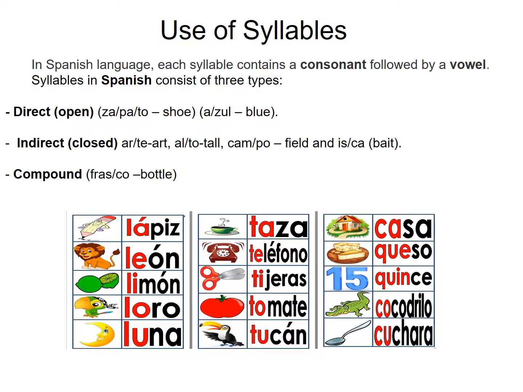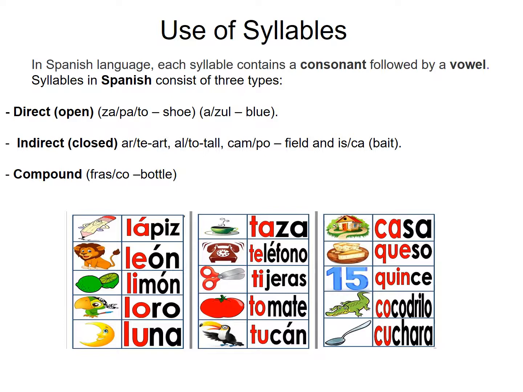In Spanish, syllables are categorized in three types. The most common syllable structure is direct or open. Direct open syllables have either a consonant preceding a vowel, like the word zapato, which means shoes, or a syllable that is composed of only a vowel, azul, which means blue.